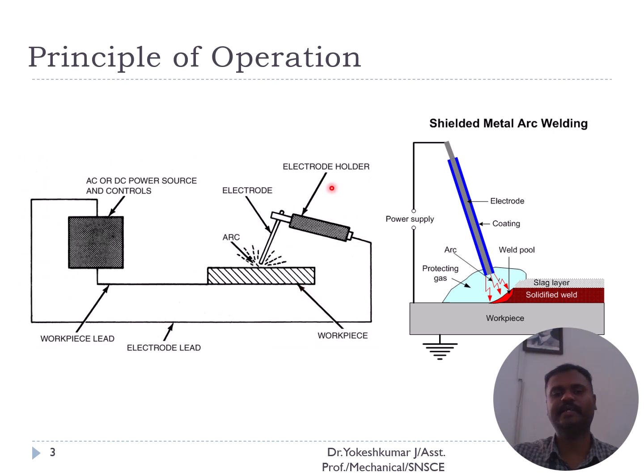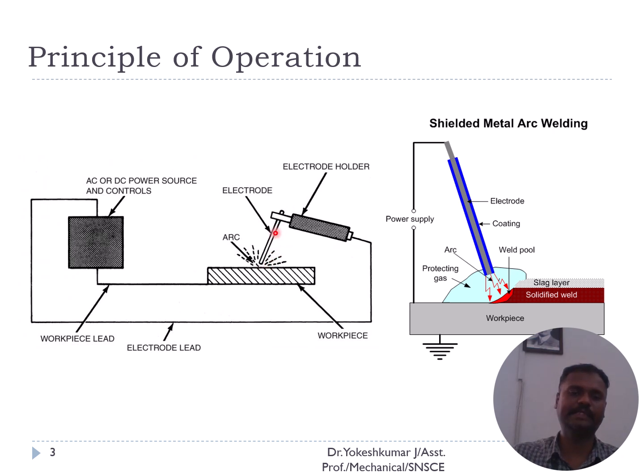Finally we have an electrode holder which holds the electrode, and we can create an arc using the electrode. Once the power is given, because of the polarity difference, the positive and negative difference, we have to maintain the electrode with some standoff distance.